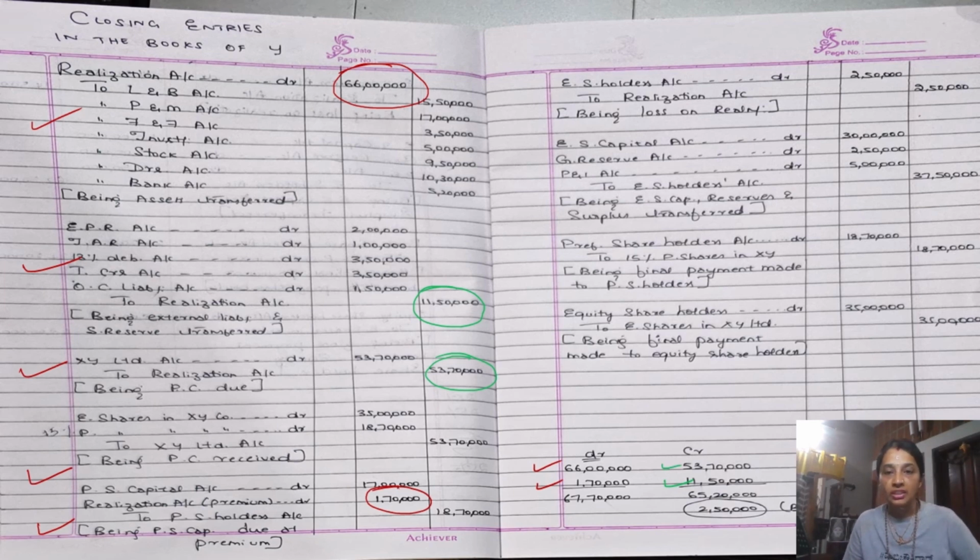So you will total: the debit total is 67,70,000. Credit total is 65,20,000. So there is the loss. The loss is 2,50,000. We transfer it to equity shareholders account. So the entry will be equity shareholders account debit to realization account.